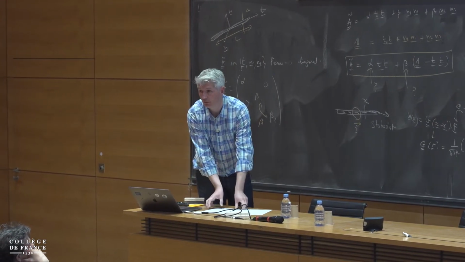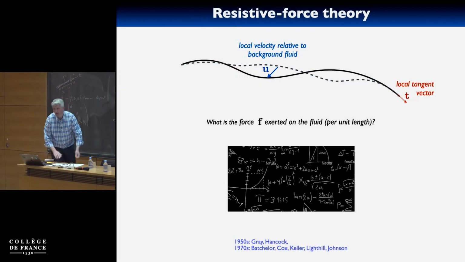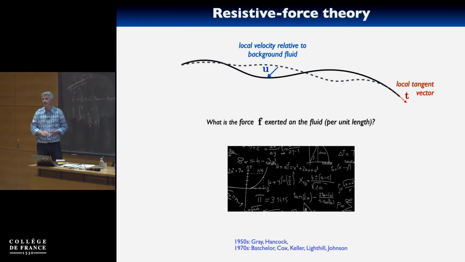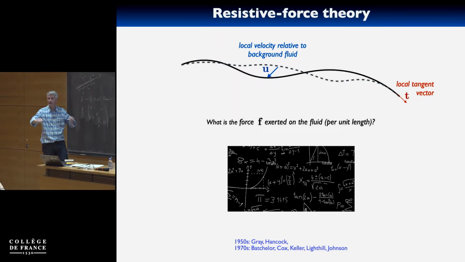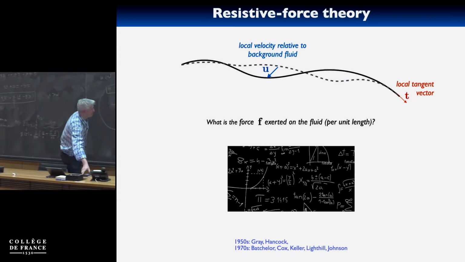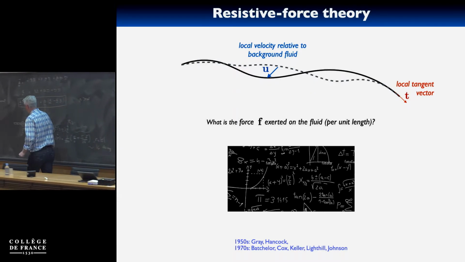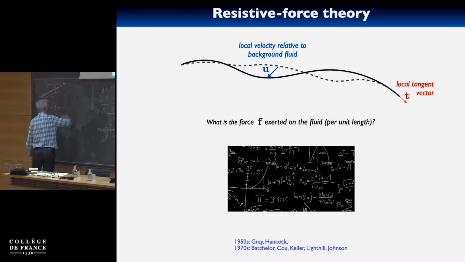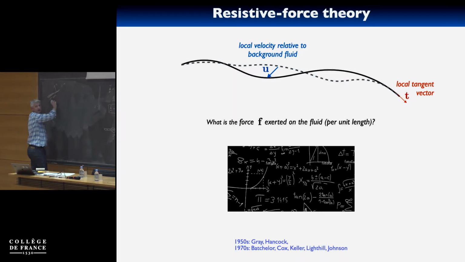Yes? All good? Okay, so now what happens, and that's the question you asked me a few minutes ago, when the filament is not a rod anymore, when it's an actually distributed filament. This is classical work in hydrodynamics, and after that we'll be done with hydrodynamics. We'll go back to biophysics.